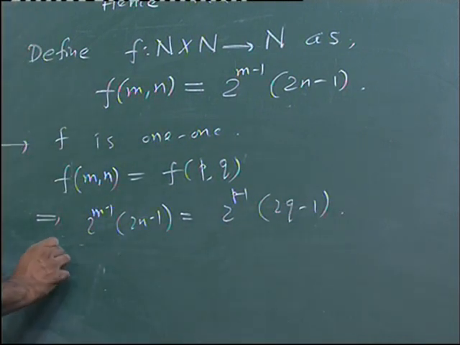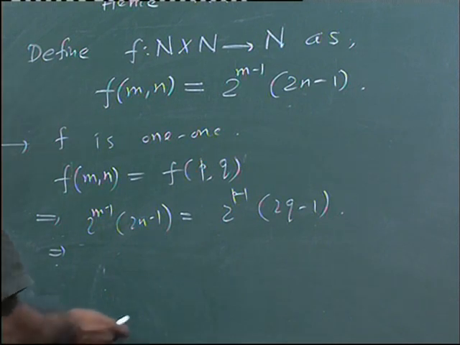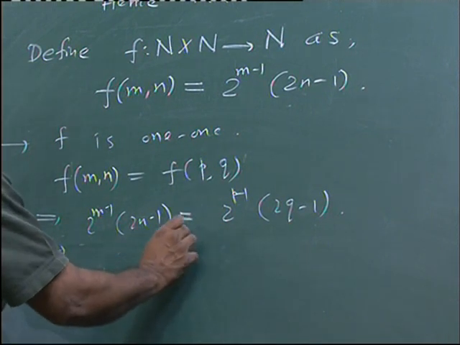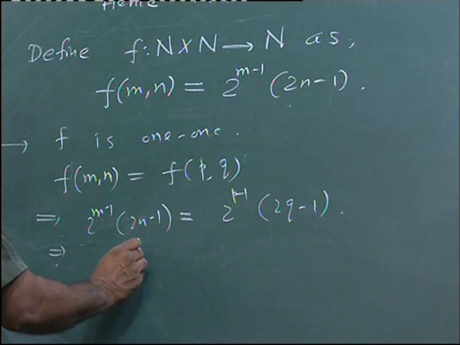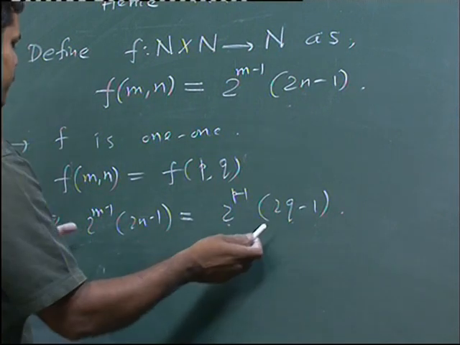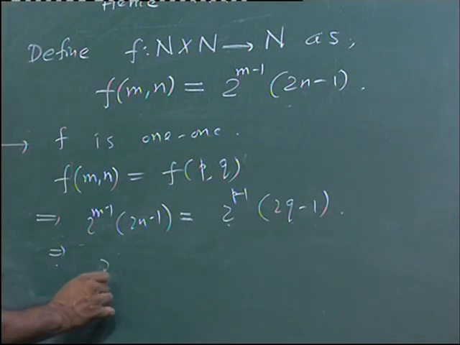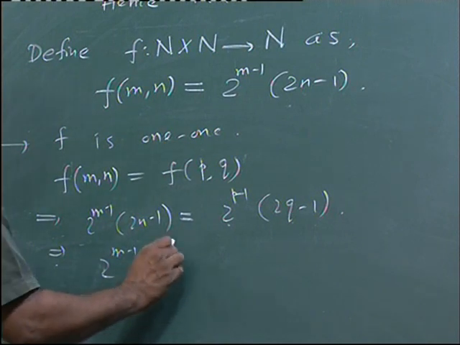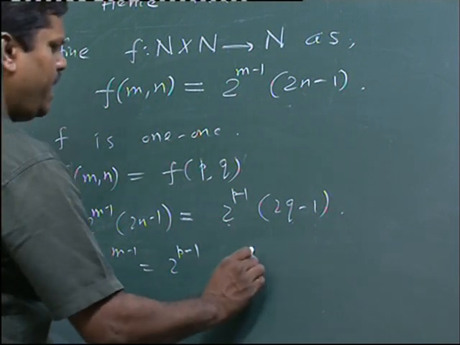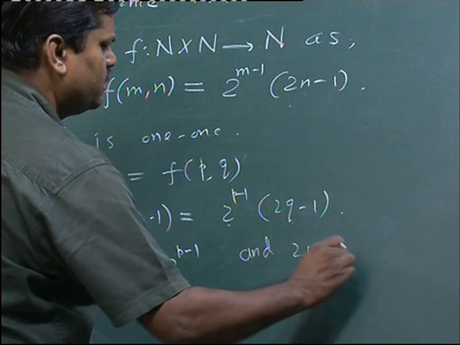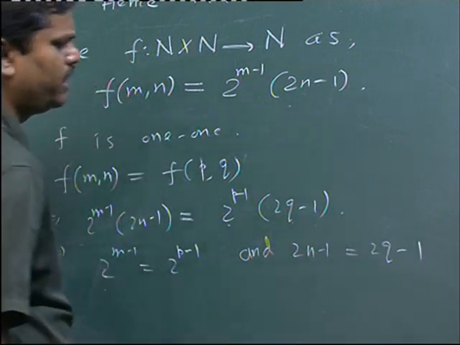Now, you can see on both the sides of this equality, this is even number, this is odd number, here also this is even and this is odd, and even cannot be equal to odd. So, only possibility is 2 raised to m minus 1 is equal to 2 raised to p minus 1 and 2n minus 1 is equal to 2q minus 1.